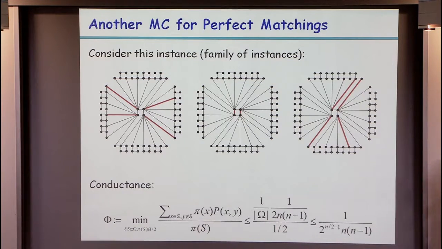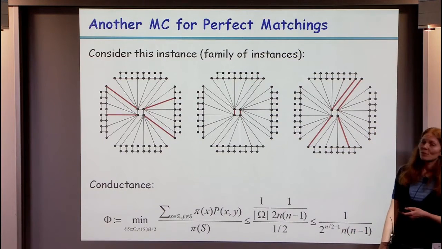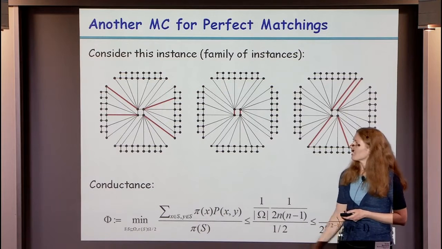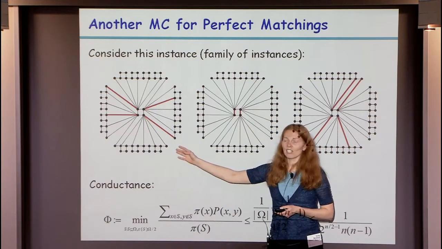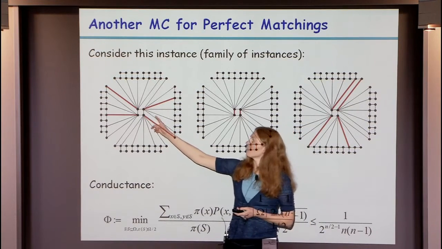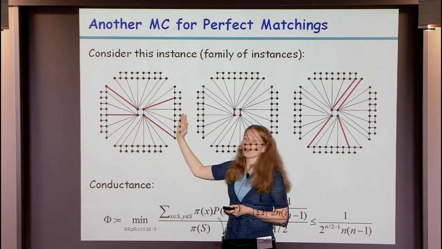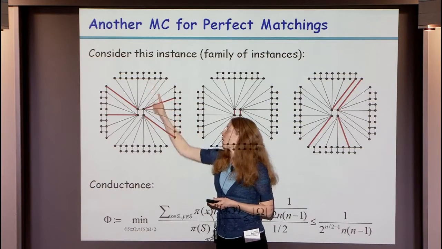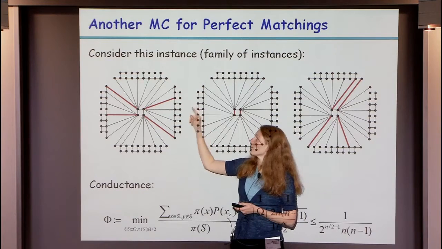So the game that we are playing is, here's the definition of the conductance on the left over here. We can easily notice, just by the analysis that we saw before, that if I look at matchings that look like my left scenario, where the 4 middle vertices are matched to the left and right part, which forces the matching in the top and in the bottom, I have exponentially many possibilities.